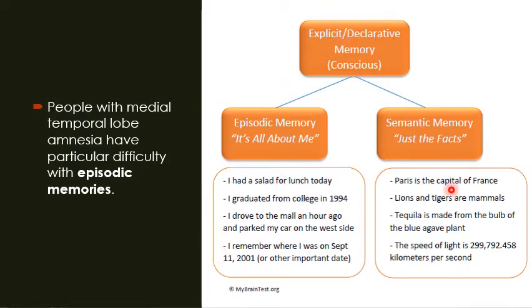So they can still remember semantic memory. They know that Paris is the capital of France, Manila is the capital of the Philippines, who the current president is. Those are facts. So they can recall those. They have difficulty remembering specific events in their lives, but their memory for general information is normal.